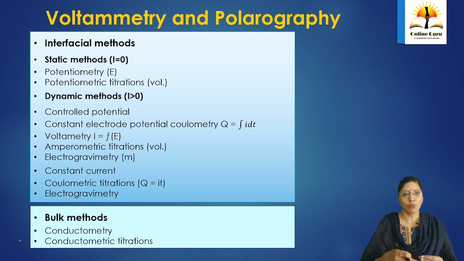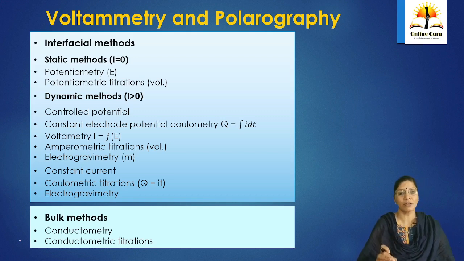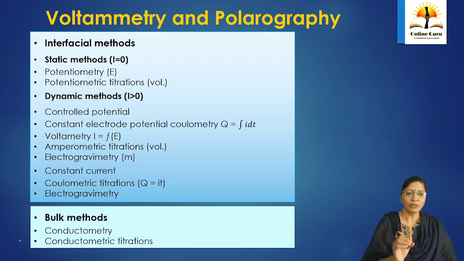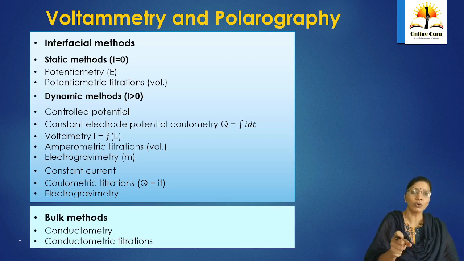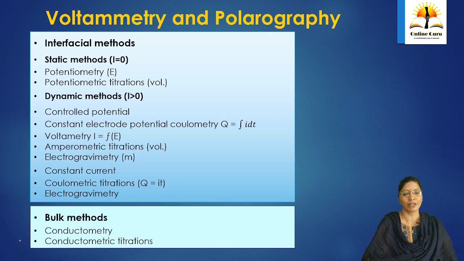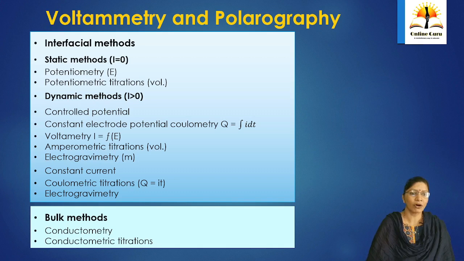We control the potential, fixing it at a particular magnitude, or control it through the applied potential, and we monitor the current. What is happening with the current is monitored. Under this technique we also have constant electrode potential coulometry.